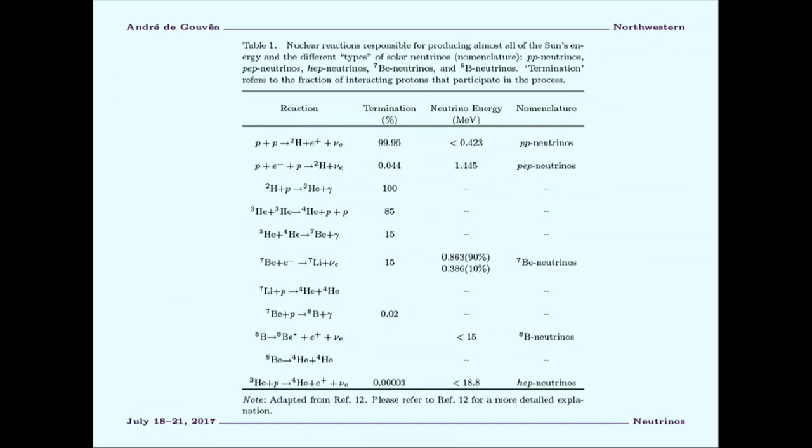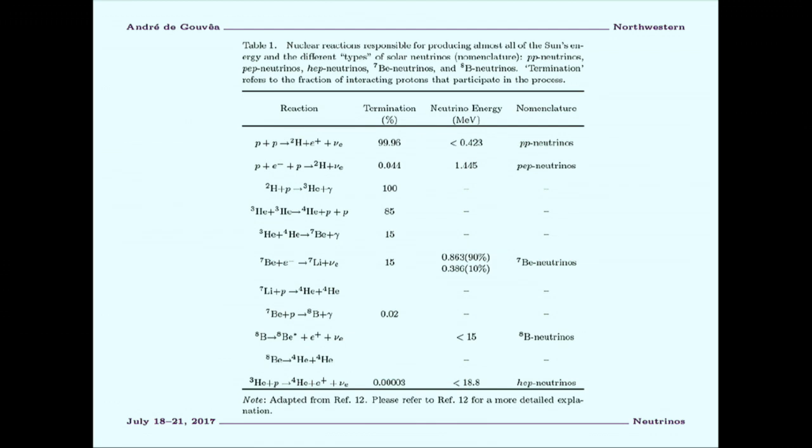So mostly what the sun is doing is converting protons into neutrons by fusion, and when you do that, you emit a lot of electron neutrinos, not antineutrinos. Beta decay is the other way around. You normally have a nucleus that's neutron rich, so you're converting neutrons into protons, and then you're emitting antineutrinos.